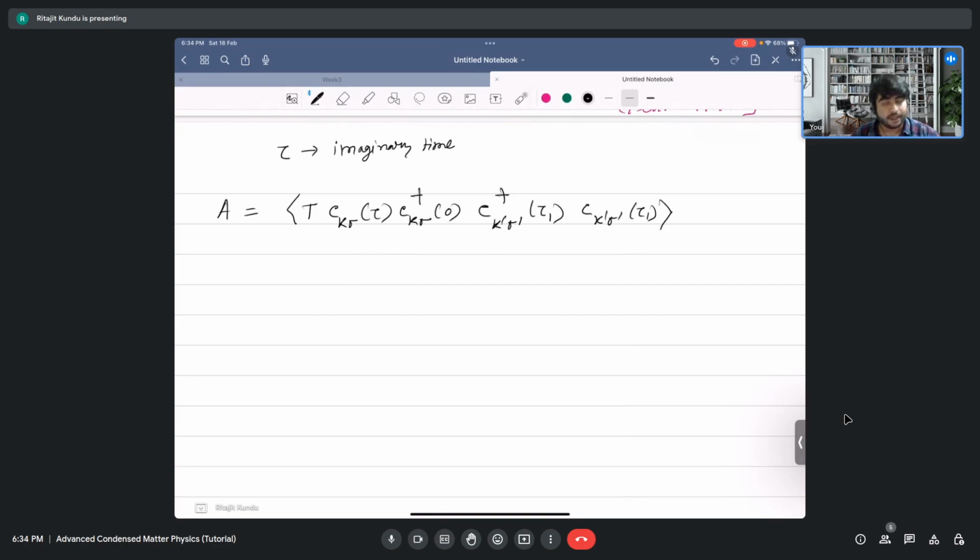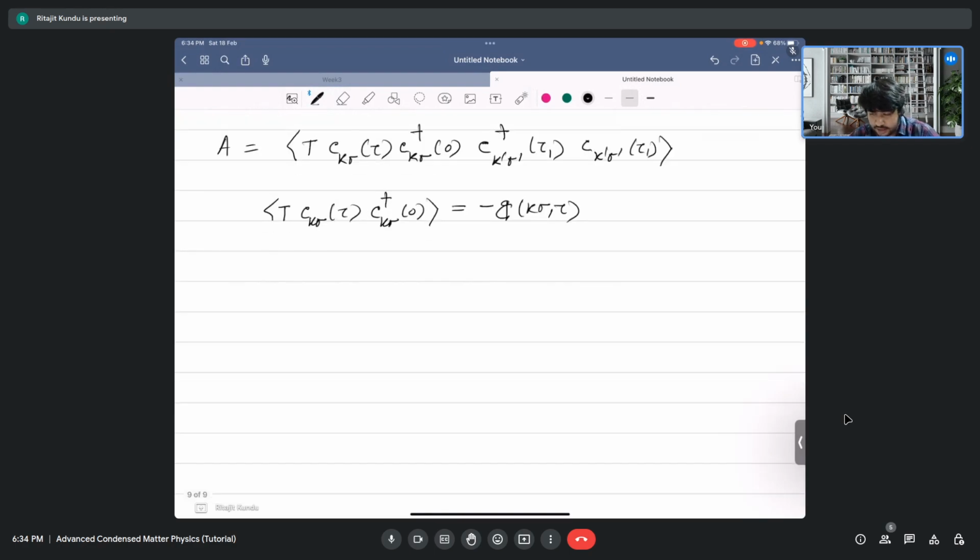The contractions are given like this. If I have the time order of c k sigma of tau and c k sigma dagger of 0, this is given by the imaginary time Green's function G k sigma of tau. The same thing is represented by a contraction, c k sigma dagger of 0 with the other operator, which is the same as minus G. We only contract between dagger and undagger objects.